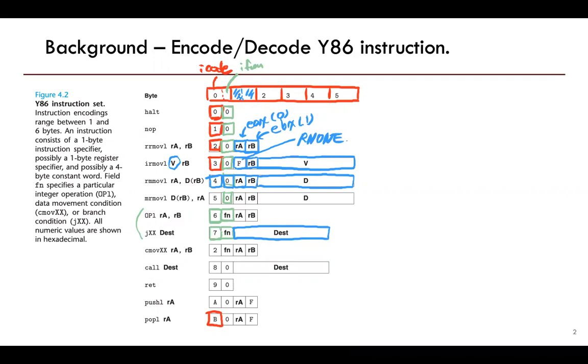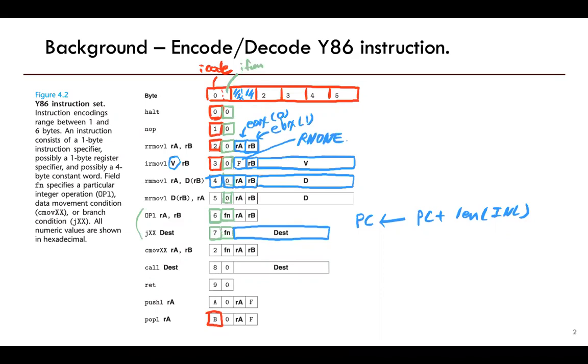But in this case, we have 2 cases. When I explained how PC is updated before, I wrote it this way, PC plus len. But this is the common case. When we fetch a jump instruction, we have 2 cases. The first is take the branch, which means we jump to the destination, or we don't take the branch, which means we just fall through, or we just fetch the next instruction, right?